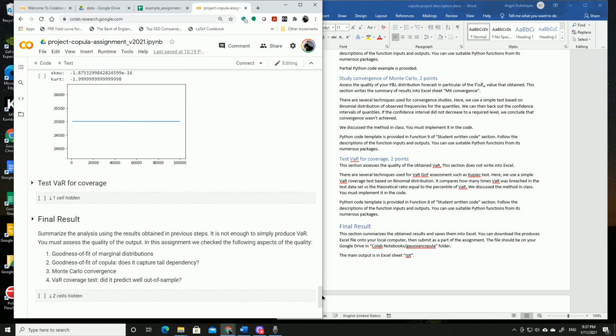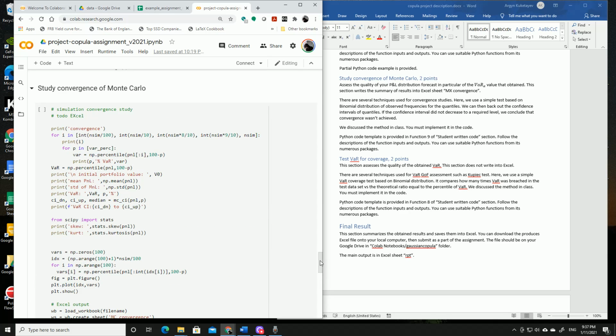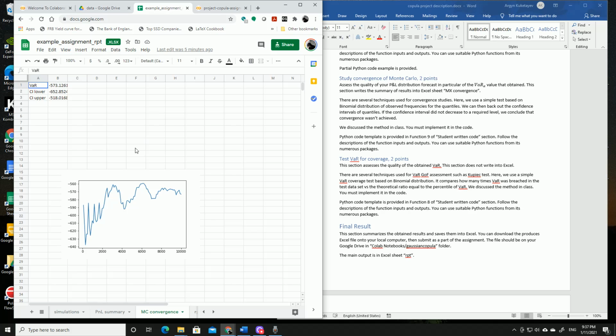So now we know our VaR. Let's look at confidence intervals. For instance, we produced our value at risk, and it was a $573 loss. We could have a loss of 573 or more 25% of the time, every fourth day.